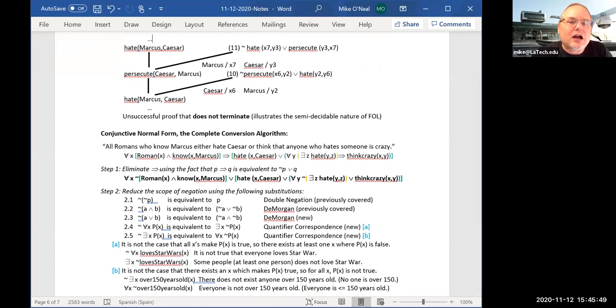I take a complicated sentence: all Romans who know Marcus either hate Caesar or think that anyone who hates someone is crazy, which roughly translates into logic as for all X, Roman X and X knows Marcus implies that X hates Caesar, or for all Y, there exists some Z where Y hates Z implies that X thinks that Y is crazy.